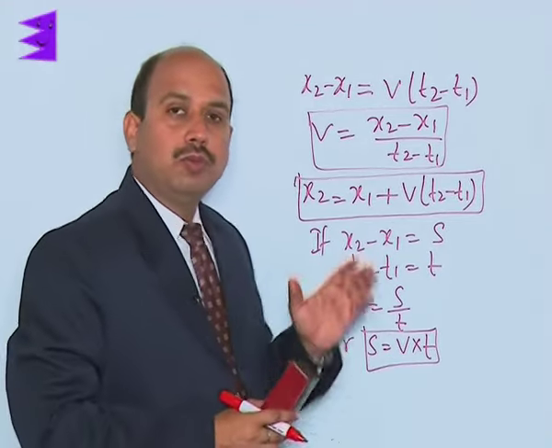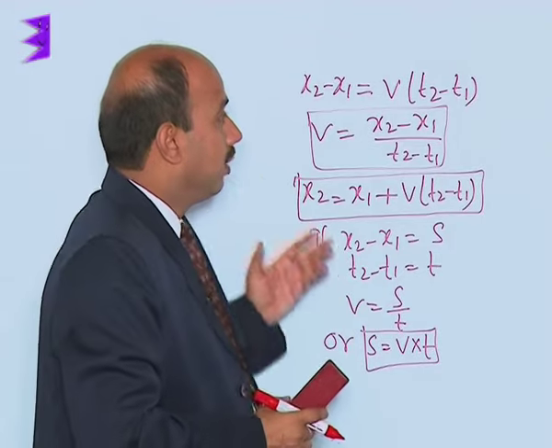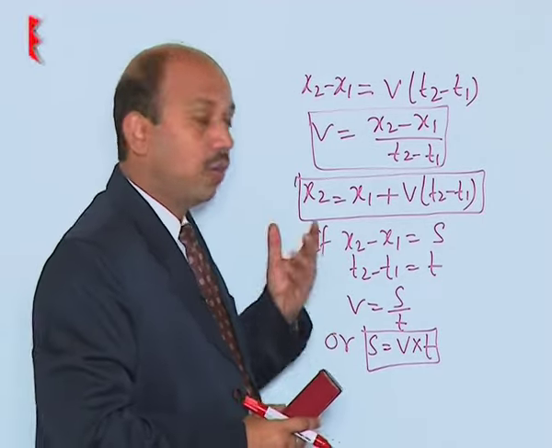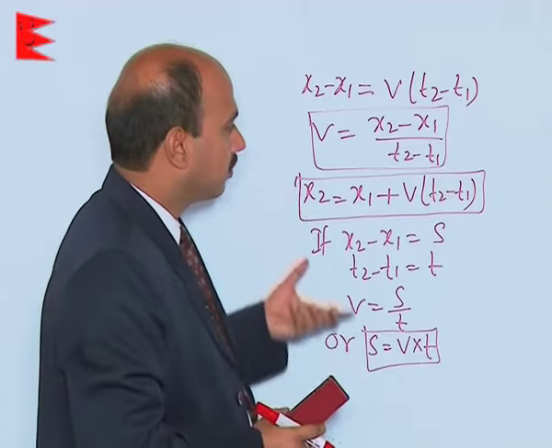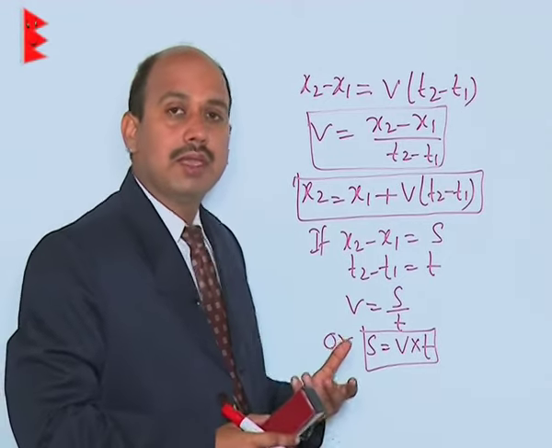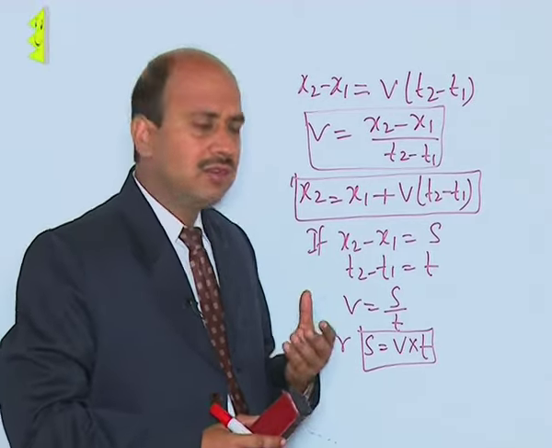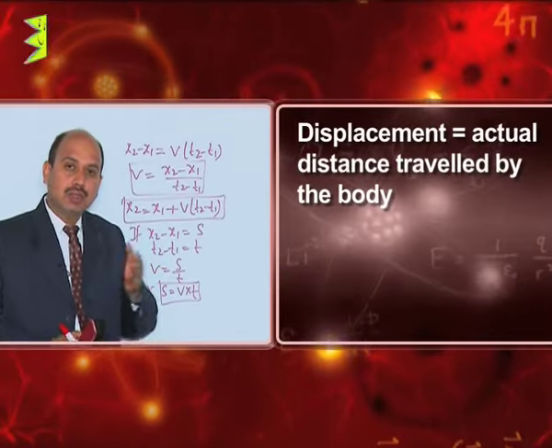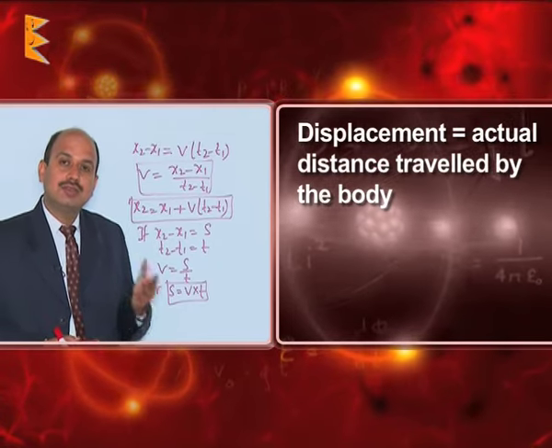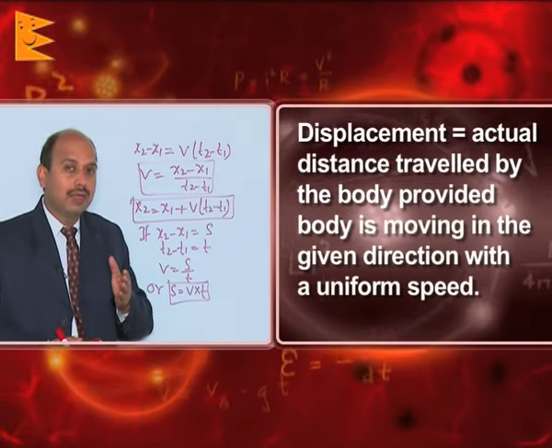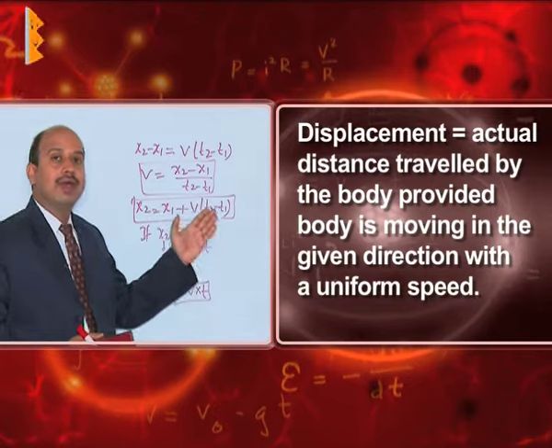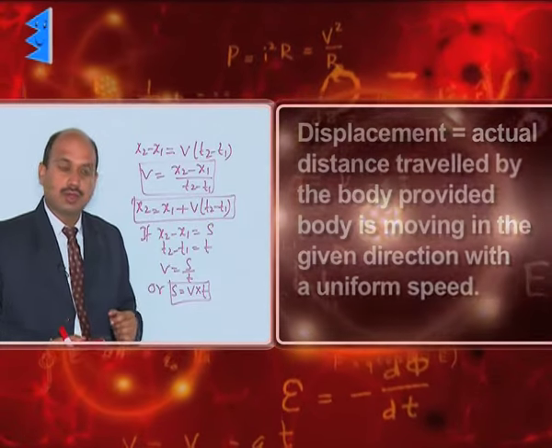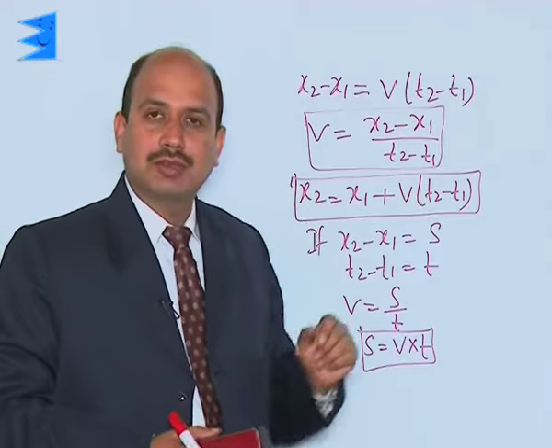So, when the body is moving in a straight line with uniform speed, that means uniform motion, these relations are applicable. But see here, certain important features of uniform motion: displacement is equal to actual distance travelled by the body, provided the body is moving in the given direction with uniform speed, and direction remains fixed.